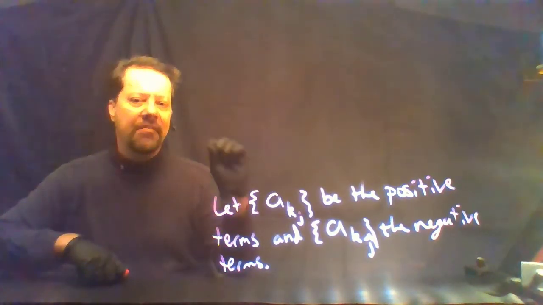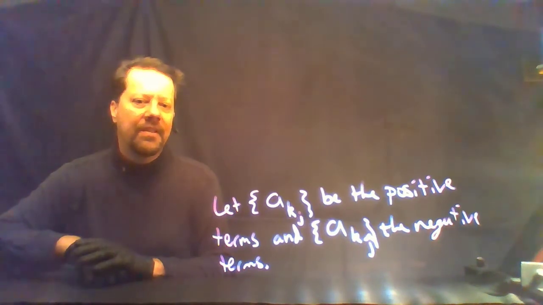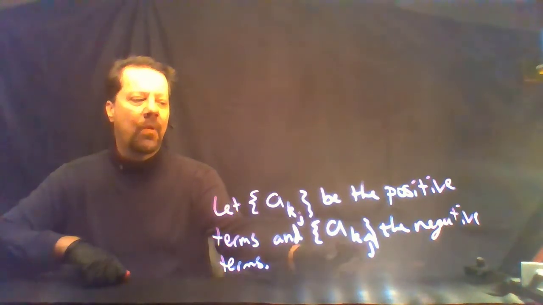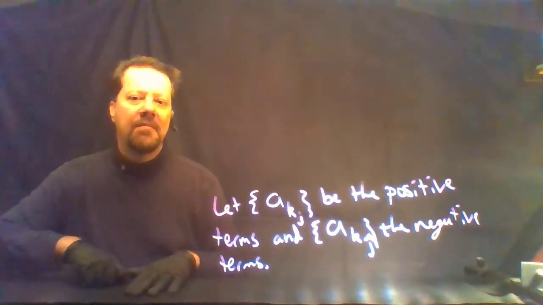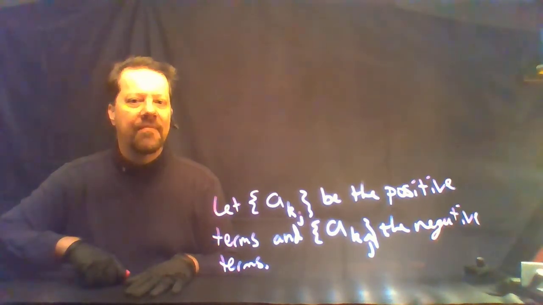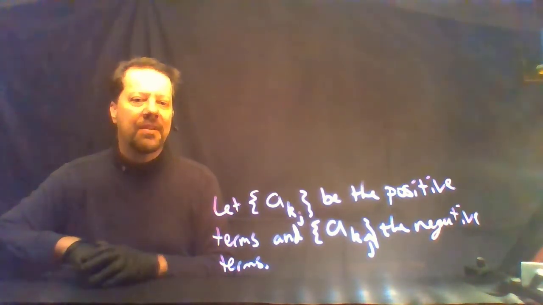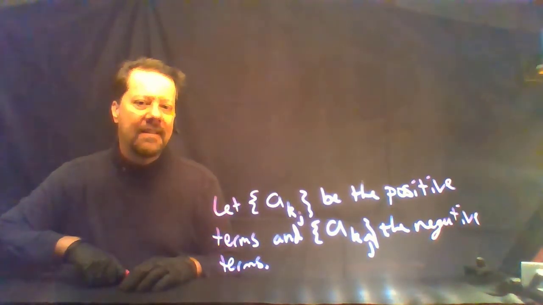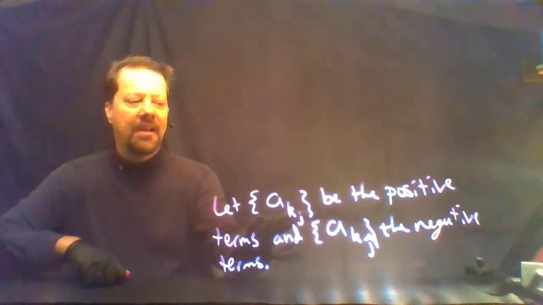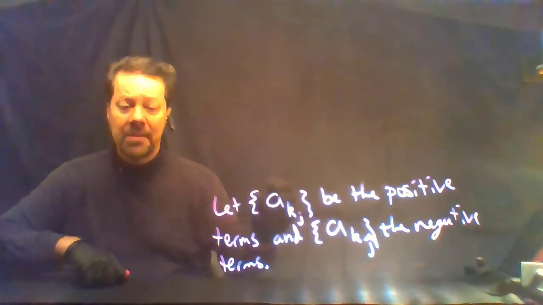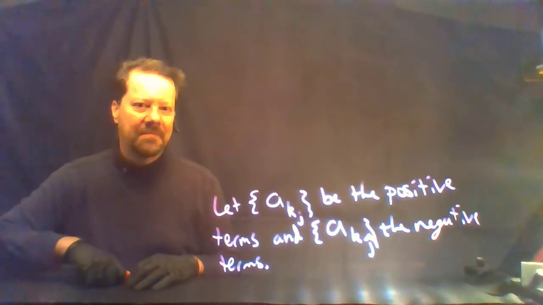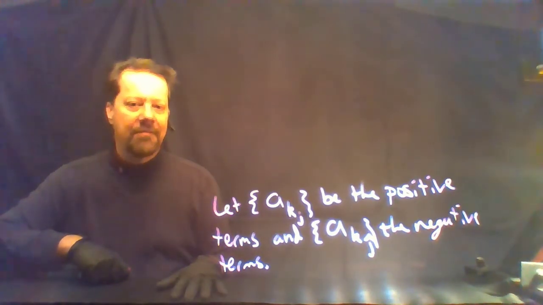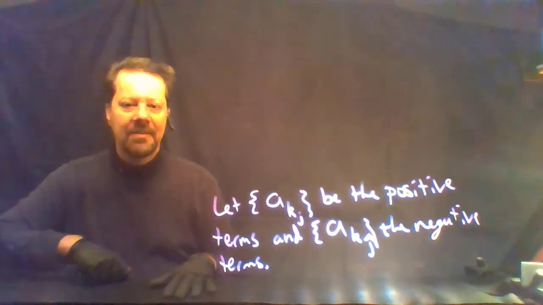Because the series of absolute values of these terms goes to infinity, then either the sum of the positive terms or the sum of the negative terms must go to infinity by themselves. However, since the sum of the terms with these mixed together goes to some finite value, that means that the sum of the positive terms and the sum of the negative terms must both go to infinity in order to balance out. Otherwise, the sum of the terms would go to either plus infinity or to minus infinity when you add up all these negative terms.